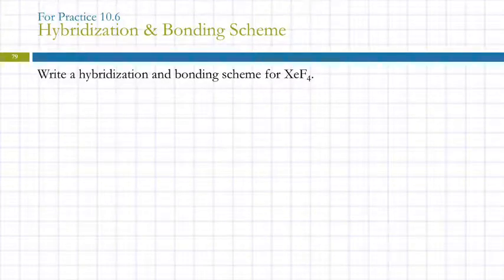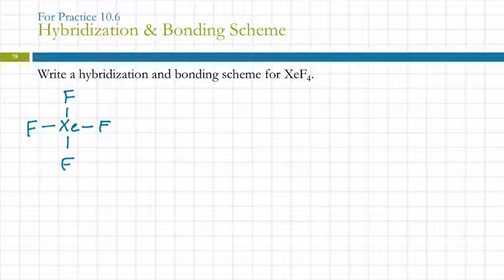Write a hybridization and bonding scheme for XeF4. Well, we have to start with the Lewis diagram. So we'll start with xenon in the middle and fluorines around it. We have to consider the number of electrons. Xenon has 8, and we have 4 fluorines, and they each have 7. So I think that gives us 36.